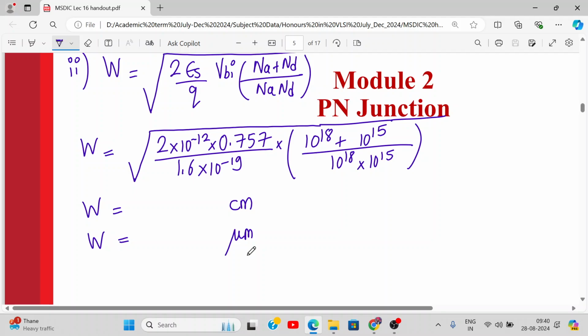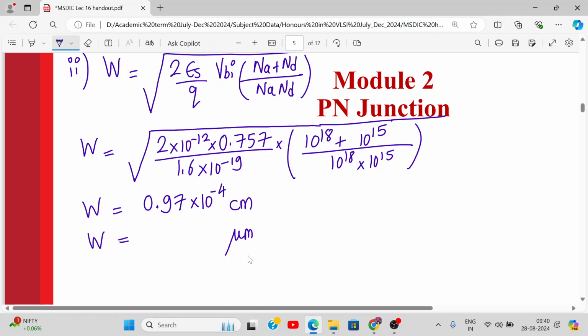You have to be good with your calculators to solve this and get the correct answer. What's the value? 0.97 into 10 raised to minus 4.